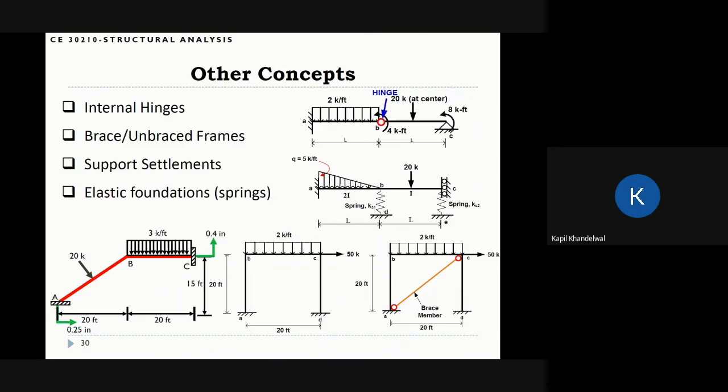But this idea is very powerful. It is not only valid for beams, frames and trusses. The idea of the stiffness method is also valid for 3-dimensional structures. For example, if you want to analyze a spatial dome made up of shell elements, or something made up of solid elements, the same idea applies. Even the same programming concept applies. The only challenge there is how to build a stiffness matrix.